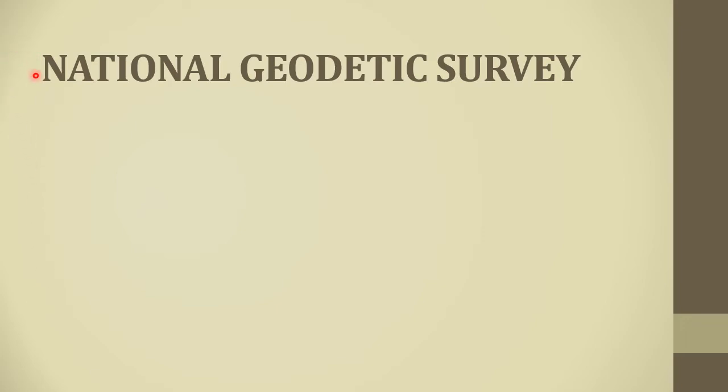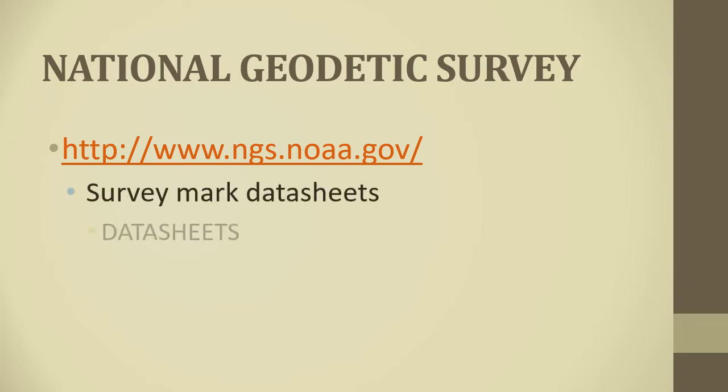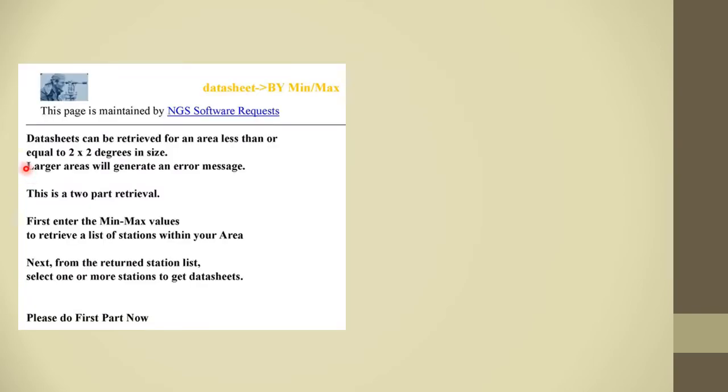There is also the National Geodetic Survey. If you go to this website, and I will see that it gets posted on Blackboard, and click on Survey Mark Data Sheets, click on Data Sheets, click on Rectangular Search, you will be able to get data sheets of all survey markers in an area less than or equal to 2 by 2 degrees.